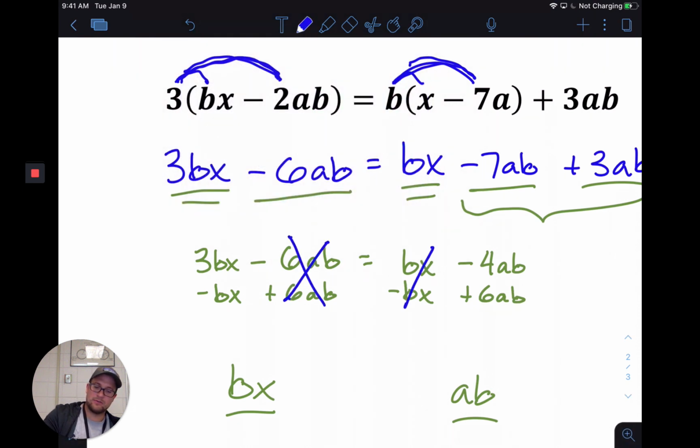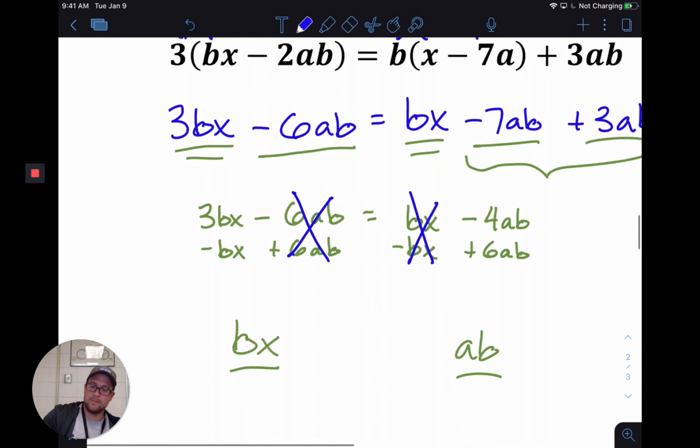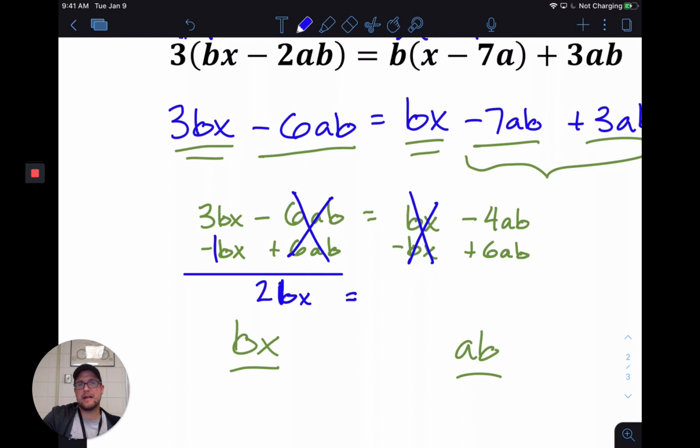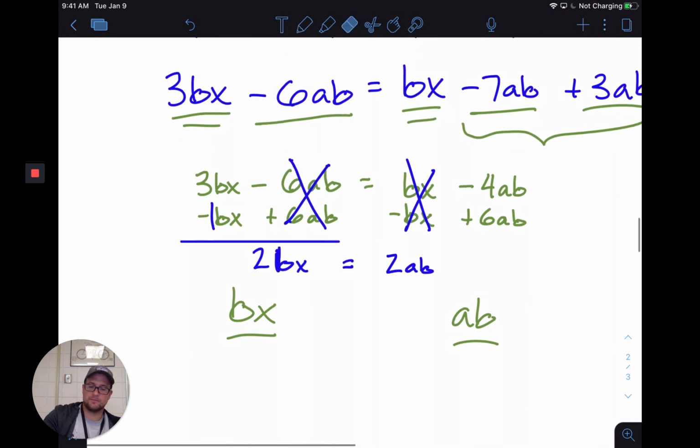These two cancel out and cancel out, meaning I am left with just 3bx take away 1bx, which is 2bx. And on the other side, if I have a negative 4ab and I add 6ab, I would just have 2ab. Now we're getting very close to having this thing solved.